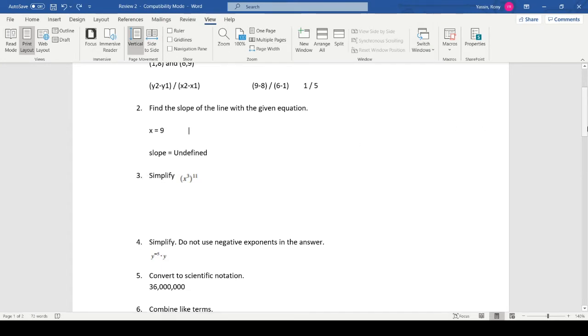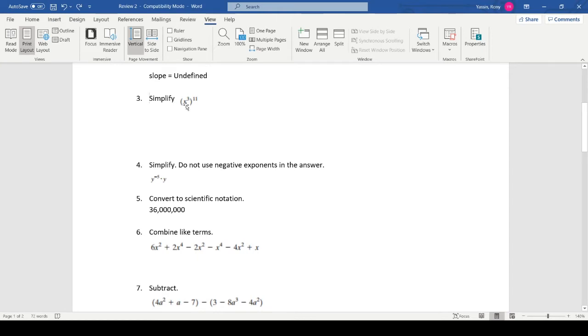Okay, so number 3. We have x to the third power, and then outside the parentheses, it's to the 11th power. So remember, this is raising a power to a power. If you raise a power to a power, the exponent rule says you should multiply those two powers together.